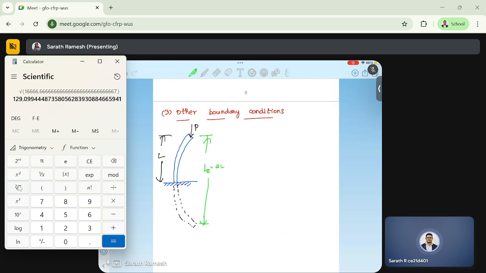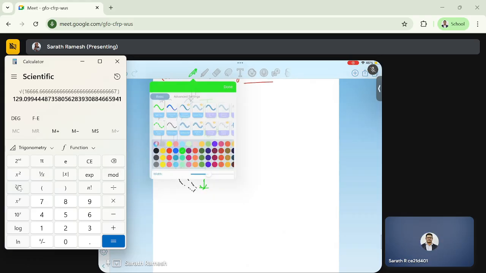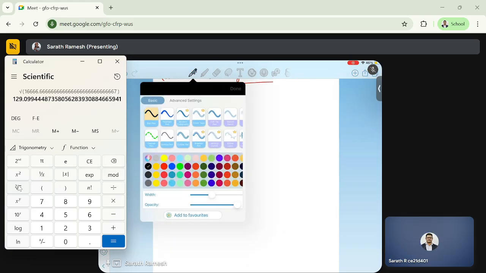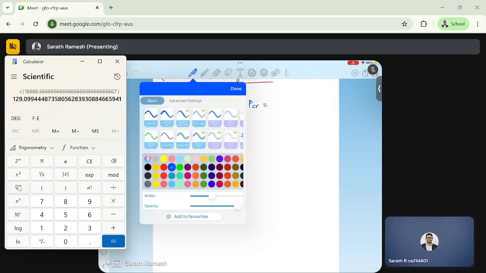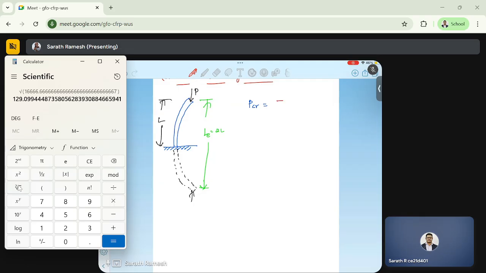Okay, so in the formula, P critical will be pi square EI by 2L, instead of L we put 2L, so pi square EI by 4L square.